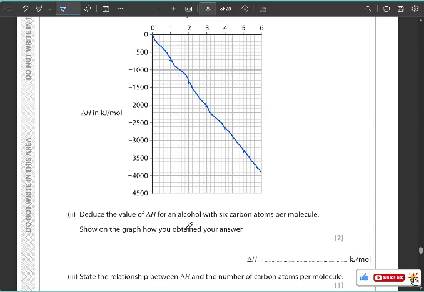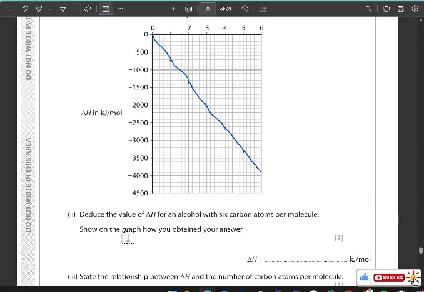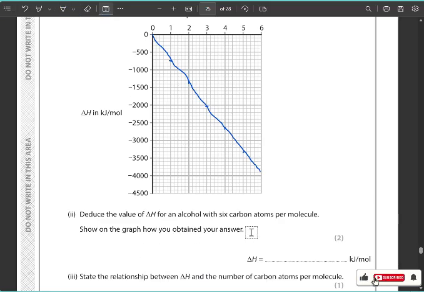Okay, deduce the value of delta H for an alcohol with 6 carbon atoms per molecule. Show on the graph how you obtained your answer. Here and then here, and it's approximately minus 3900.